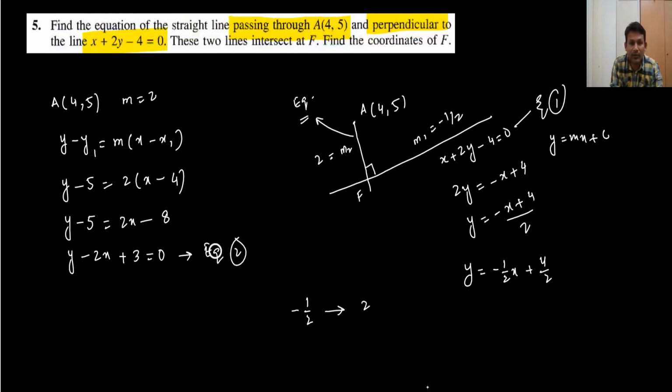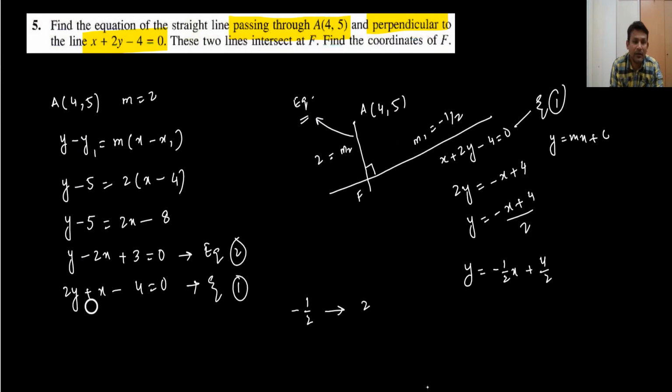So when we use both equations, using simultaneous equations, this is x plus 2y, or we can write 2y plus x minus 4 equal to 0. This is equation number 1.